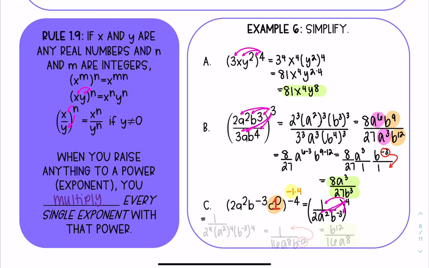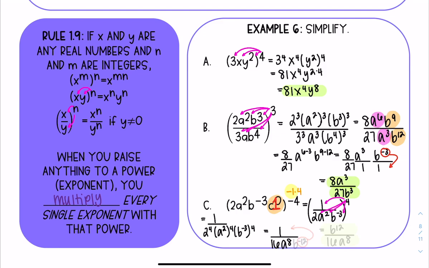So on the top we have 1 to the 4th, which is just 1. And on the bottom we have 2 to the 4th, a squared to the 4th, and b to the negative 3 to the 4th. Well, this ends up being 1 over 2 to the 4th, which is 16.